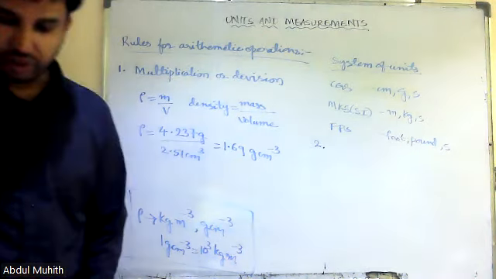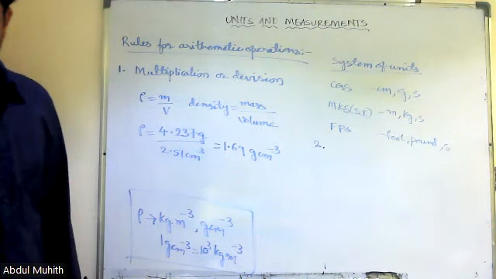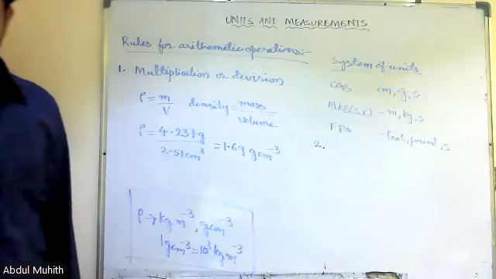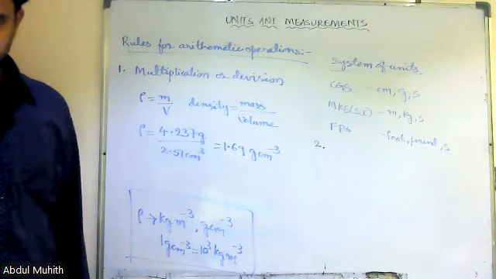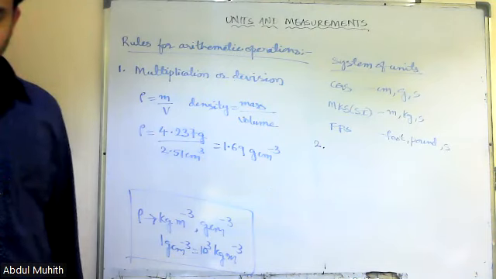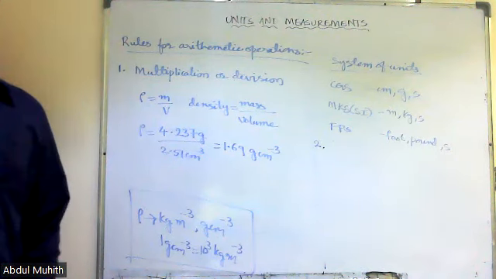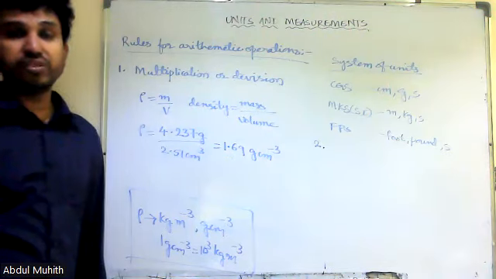3 × 10⁸, okay. The speed of light is given as 3 significant figures, and 1 light year is also given to you. So 1 light year is how much? The distance traveled by light in 1 year. So it should be 3 significant figures. When we are writing 3.00, it has 3 significant figures.